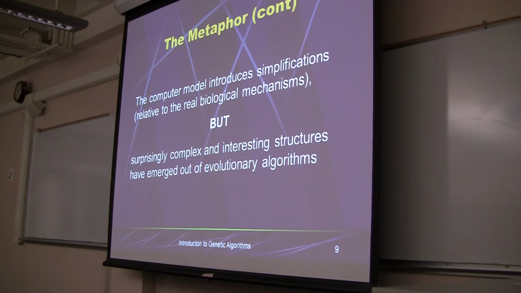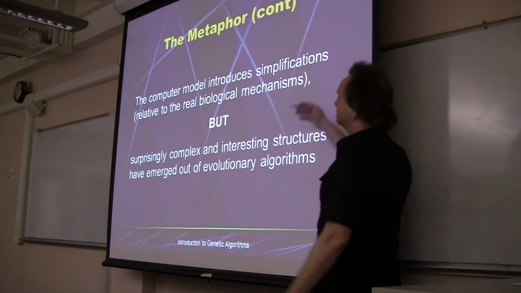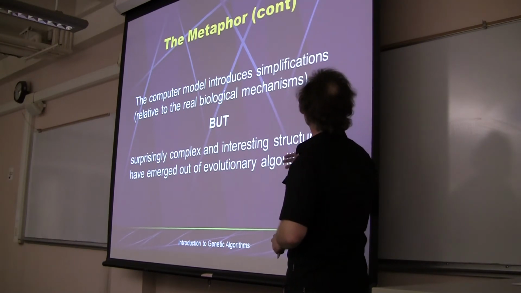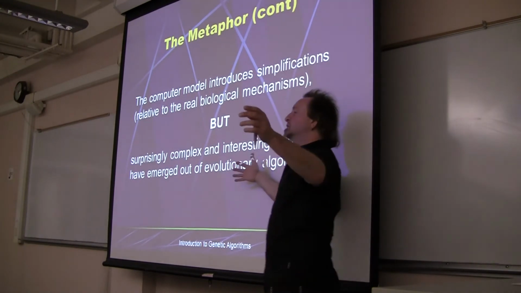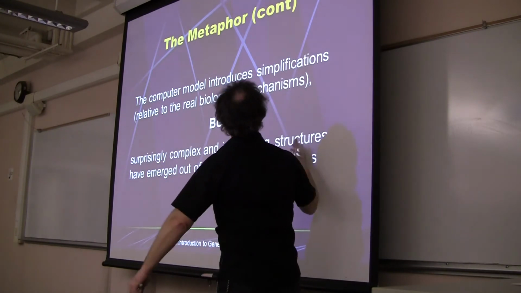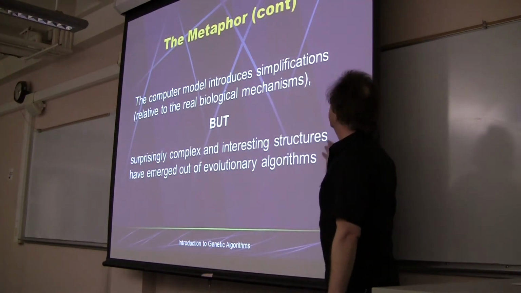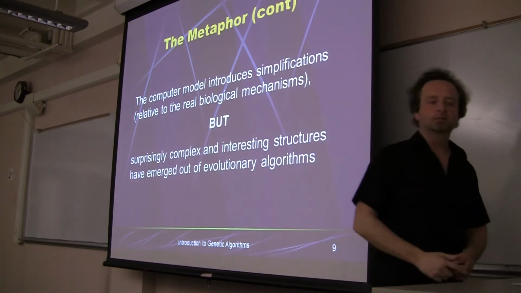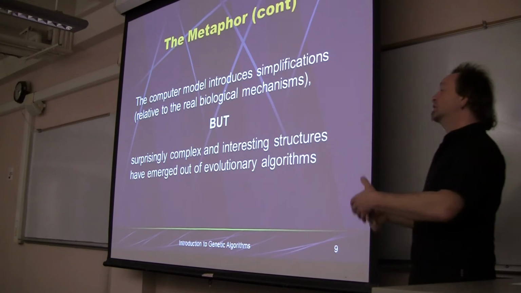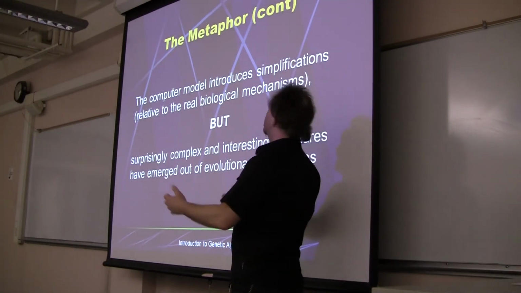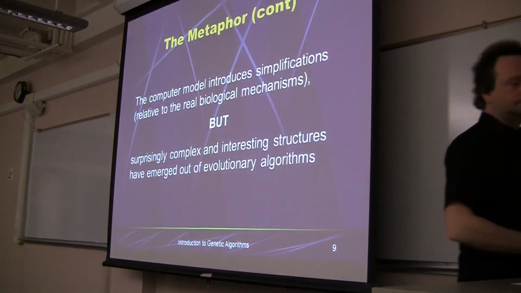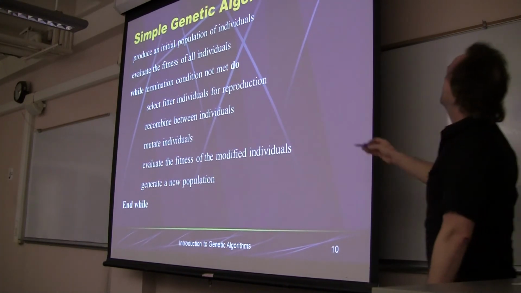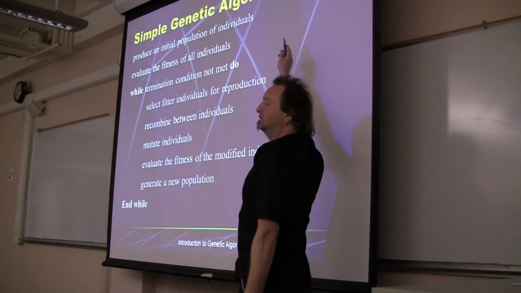So what we have are simple versions of the real biological mechanisms. But because we have such a large population, we will generate all sorts of interesting structures and solutions using these algorithms. What we will do is evolve a solution to our problem. The way it works, we produce an initial population of individuals.